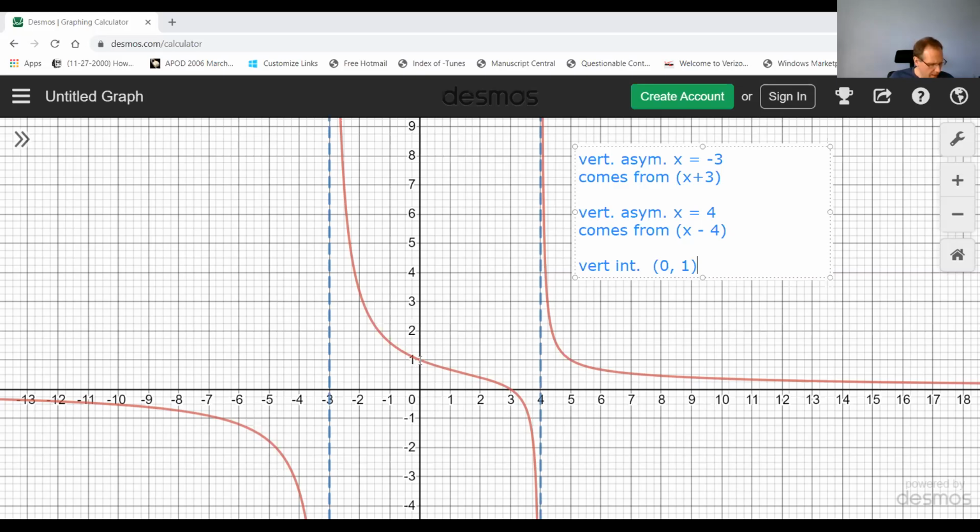And it looks like there's one horizontal intercept at -3, 0. Okay, so that's right here, right? It's the only place it's passing through the x-axis, -3, 0.